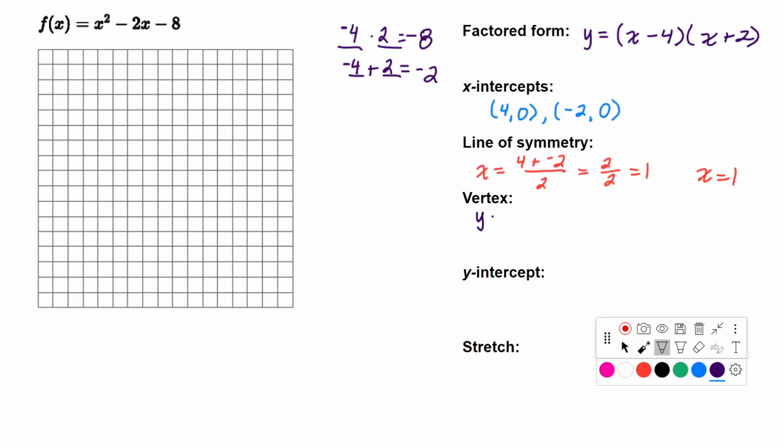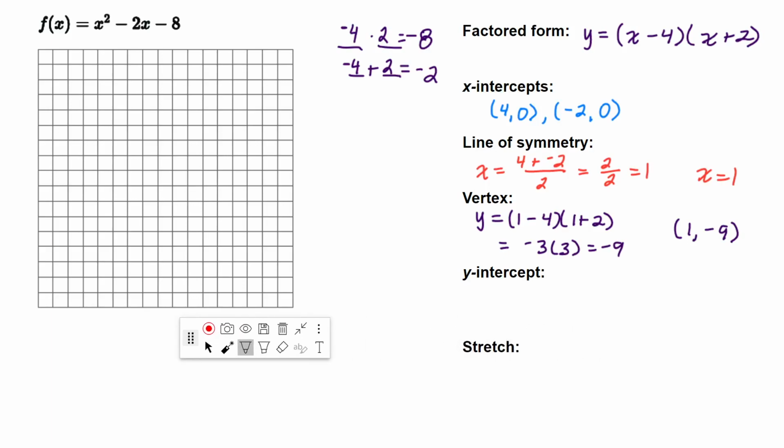To find the y value of my vertex, I substitute 1 for x, and I simplify. So we now have negative 3 times 3, which equals negative 9, giving me a vertex of (1, negative 9). The y-intercept, remember, is a very similar process, except we replace x with 0.